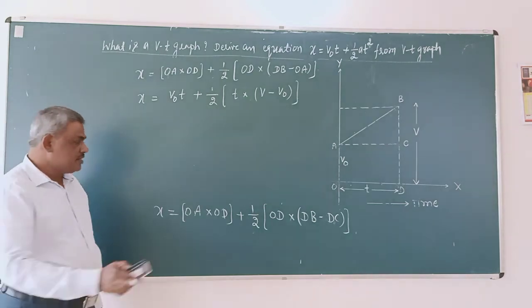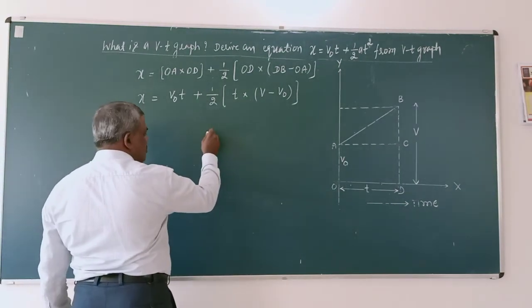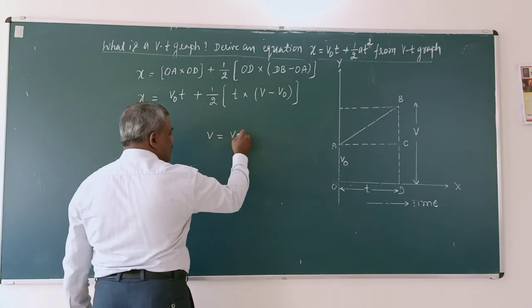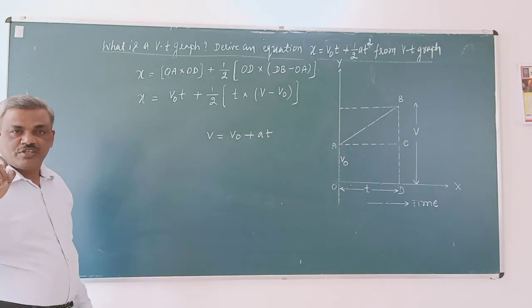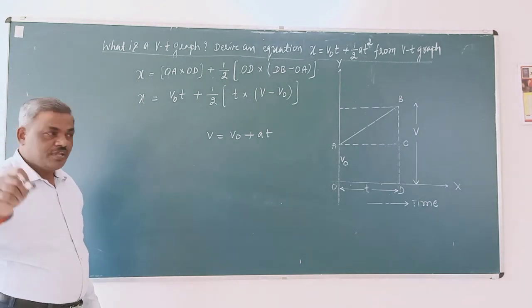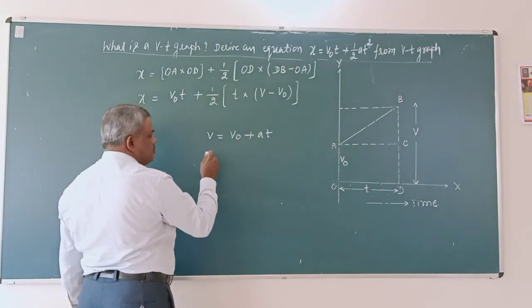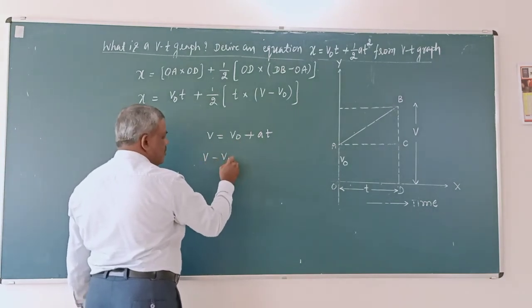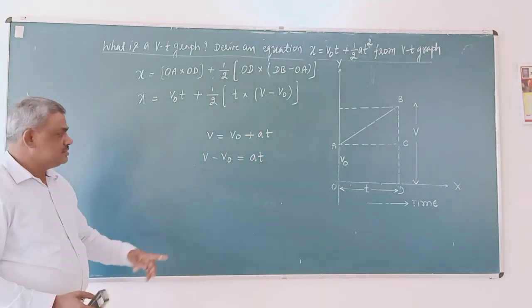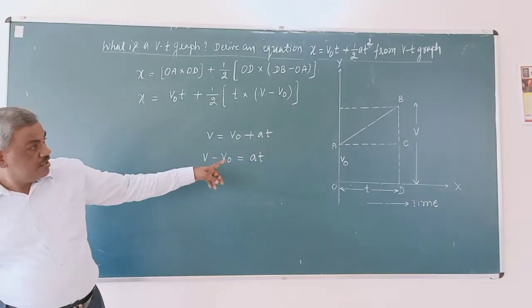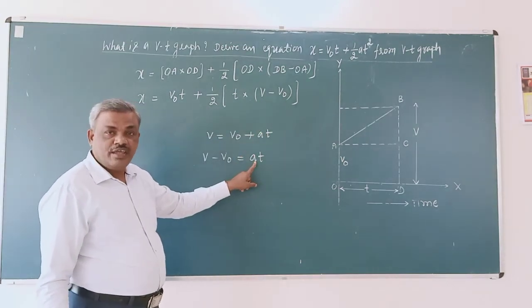Now the first equation of motion from the VT graph: v equals v naught plus at. So this equation is written as v minus v naught equals at. Now we substitute v minus v naught equals at.